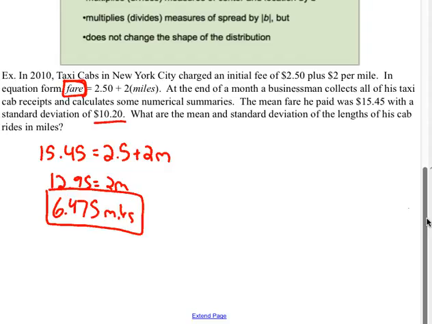So basically, subtracting the 2.5 wouldn't affect the 10.2 at all. Okay, remember, addition and subtraction does not change. So that initial fee has no impact on the standard deviation. The only thing that does is when we divide it by 2.